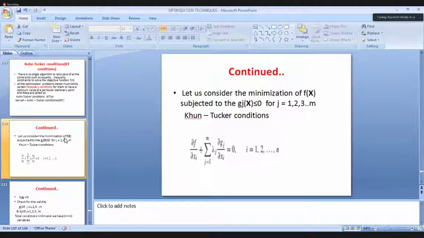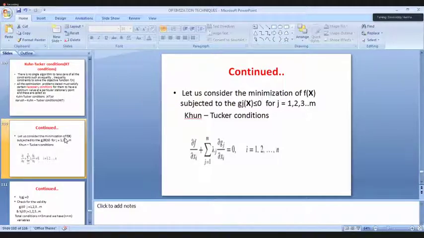Less than 0. Surely, greater than or equal to 0 is also an inequality constraint, I guess you can accept it. Constraint equations are always denoted with gj of x, where j is varied from 1, 2, 3, and so on up to m.